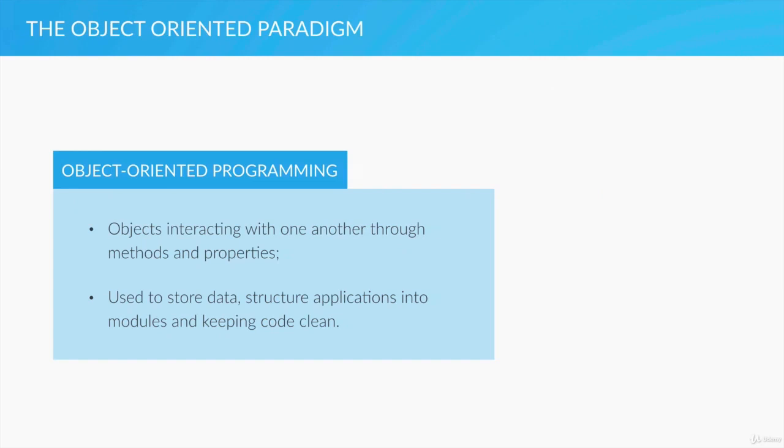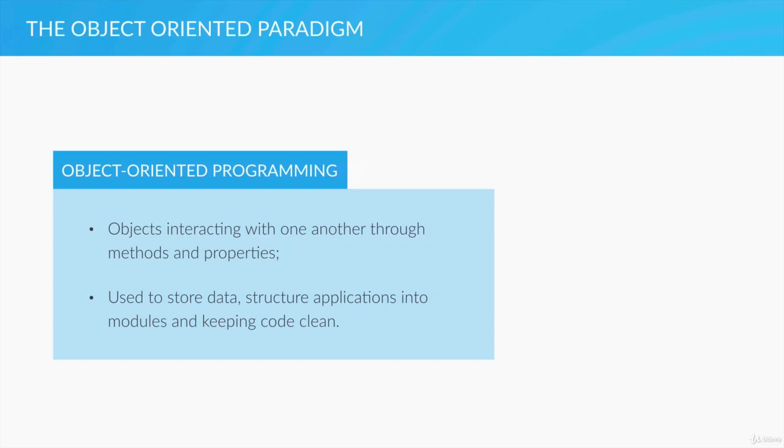Alright, so now that we know how important objects are in JavaScript, let's look at object-oriented programming. So, in very simple terms, object-oriented programming makes heavy use of objects, properties, and methods. And these objects interact with one another to form complex applications.